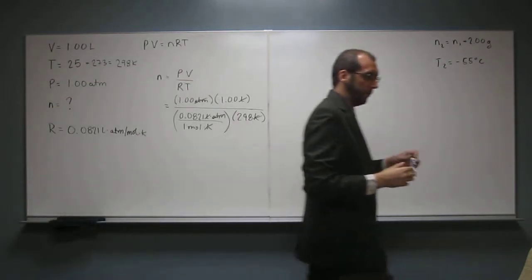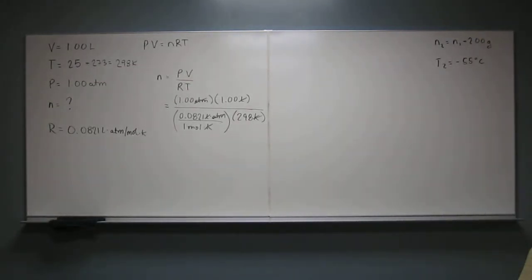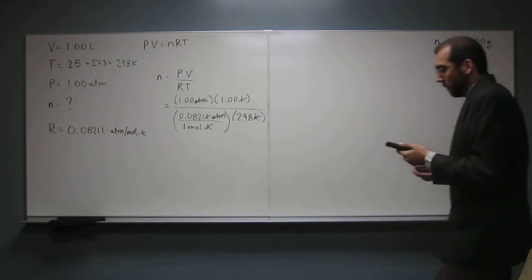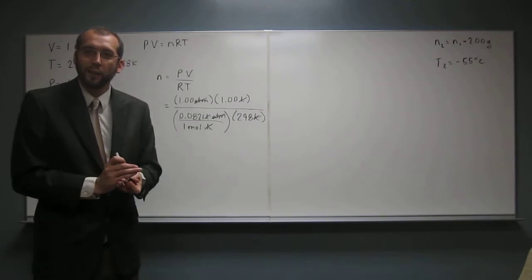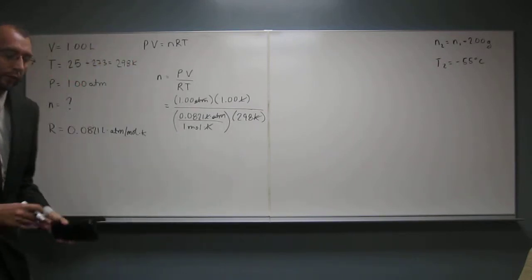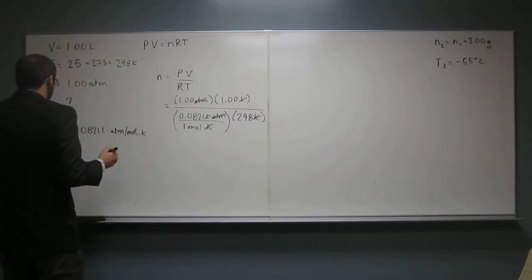So what do we get? 1 divided by 0.0821, and then divide that by 298. Is anybody else doing this on the calculator as well? Are you just following along? That's all right.